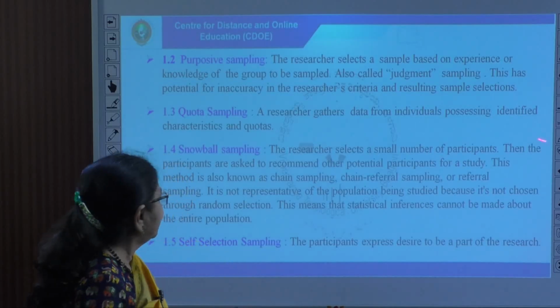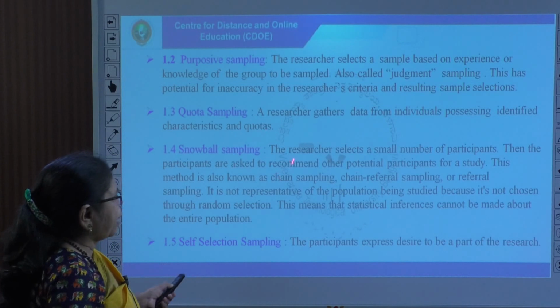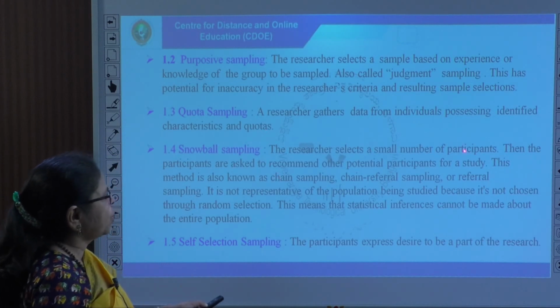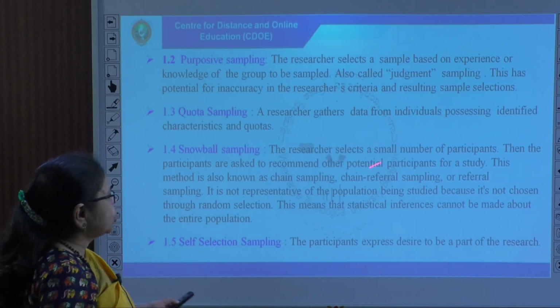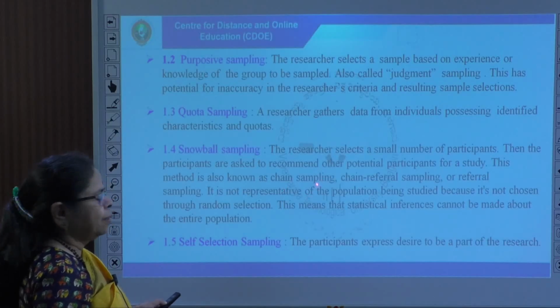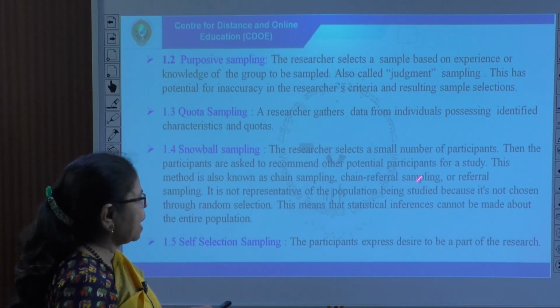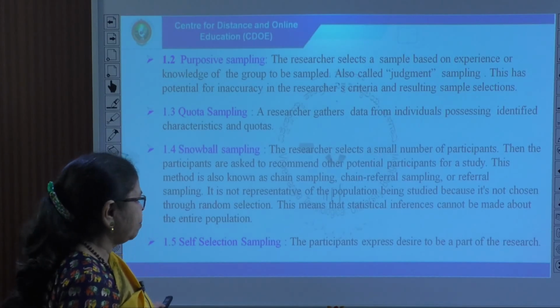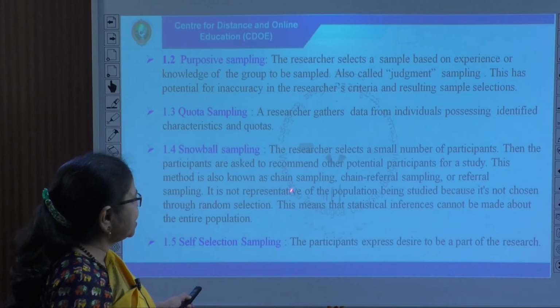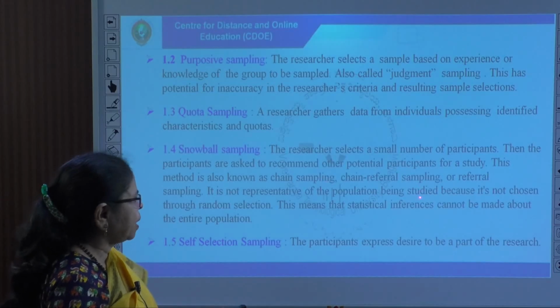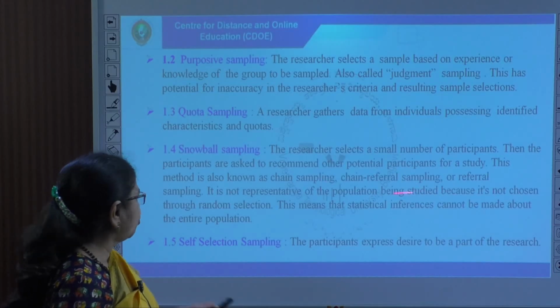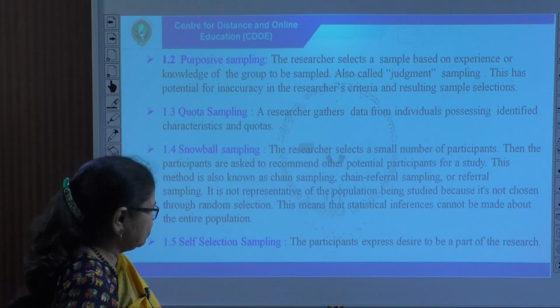Then the participants are asked to recommend other potential participants for a study. This is also called chain sampling. The name itself tells it goes like a chain, referral sampling or simply referral sampling. It is not representative of the population being studied because it is not chosen through random selection.